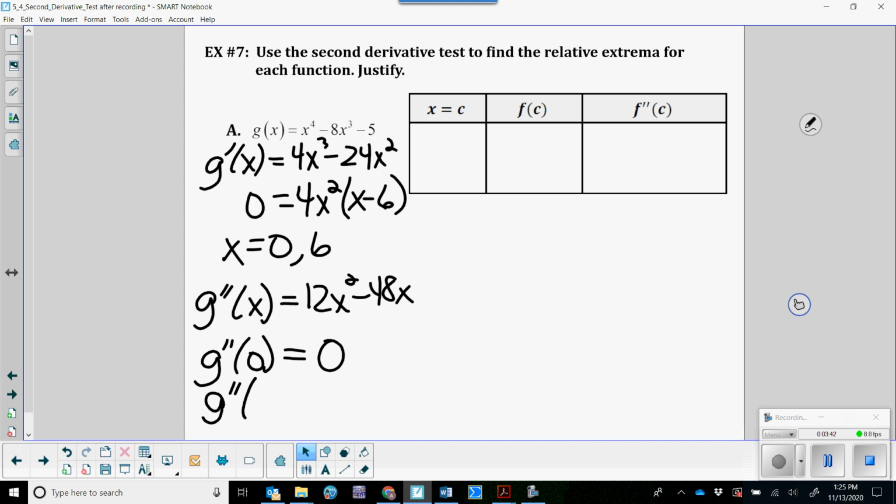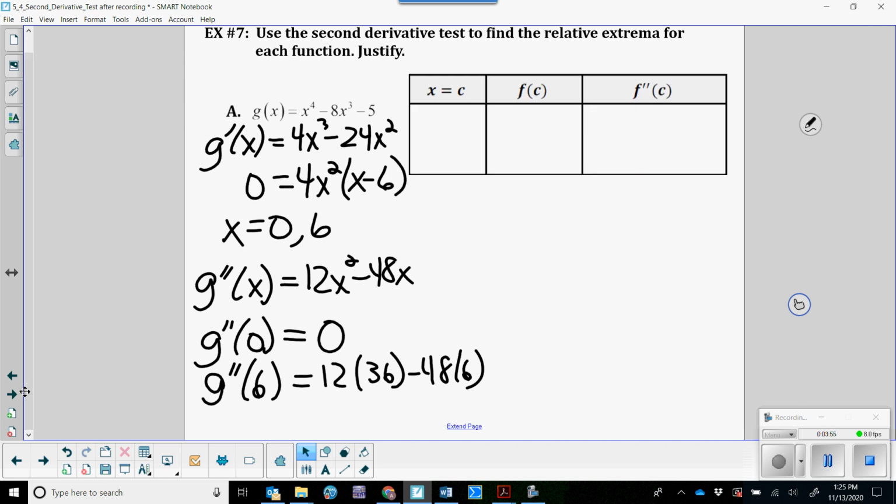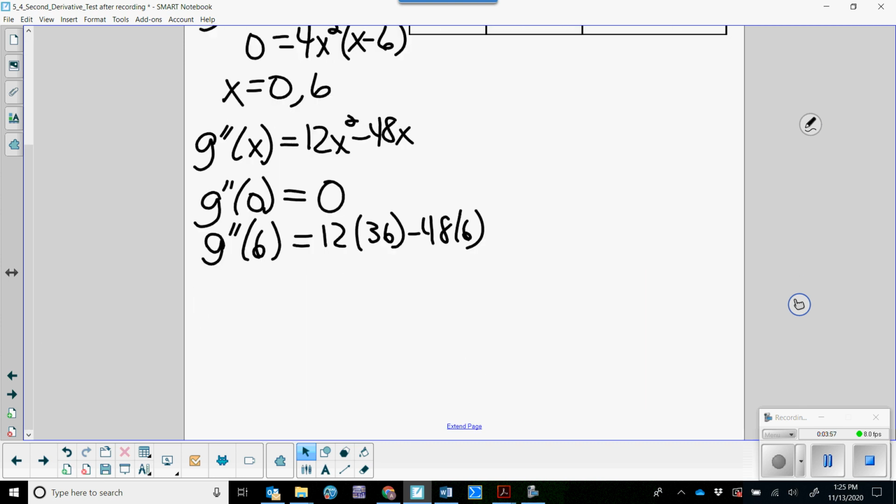G double prime of 6, so we plug that in. That's 12 times 36 minus 48 times 6. Now, I know a lot of you want to grab your calculator right now. It's itching. You want to do it, you got to not do it.